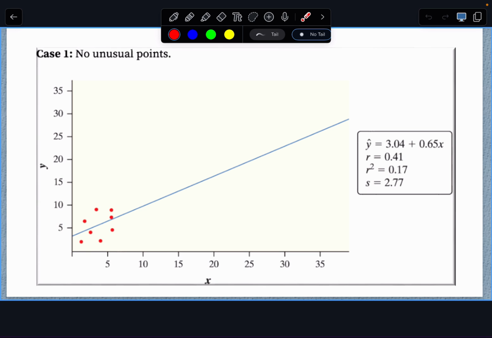So as we're looking at this regression analysis, given these 8 points, if we create a regression line and run our regression analysis, we get the regression line with a y-intercept of 3.04 and a slope of 0.65. We get a correlation value of 0.41, which tells us what?